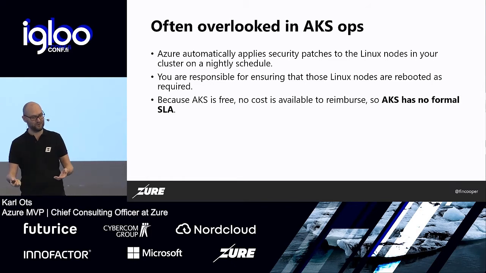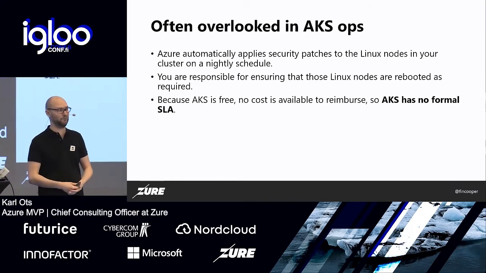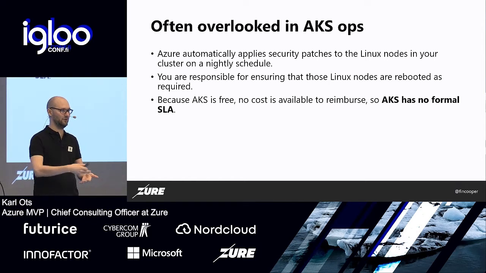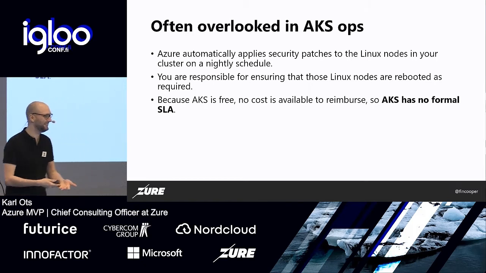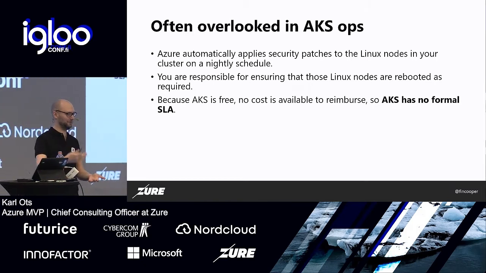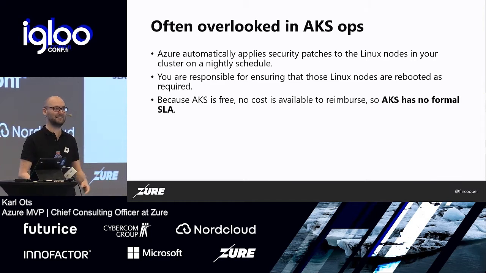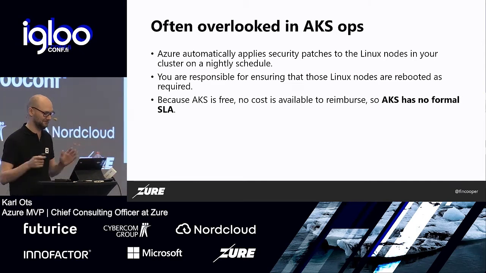So if the Kubernetes service is down, Microsoft cannot pay you anything back because you haven't paid them anything for it, right? And that's the official reason why AKS has no SLA. They have these targets, but they have no SLA at all.